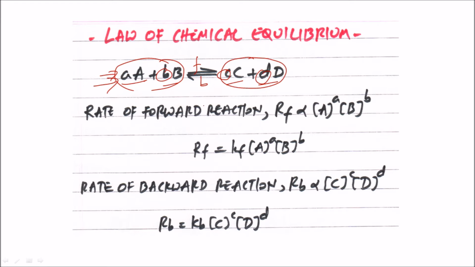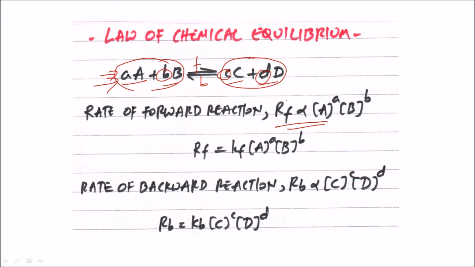We can easily write the expression for the rate of the forward reaction by using a law called the law of mass action. It says the rate of any reaction is directly proportional to the active concentration of reactants.